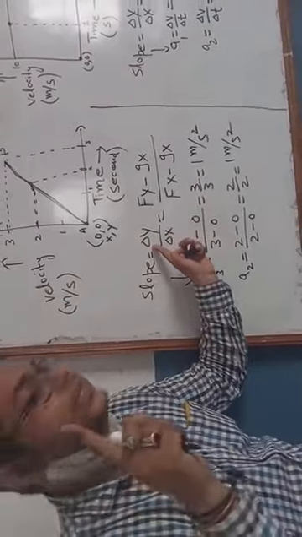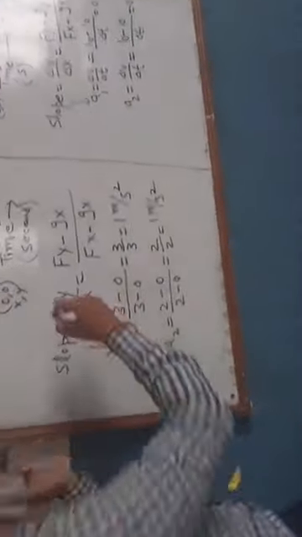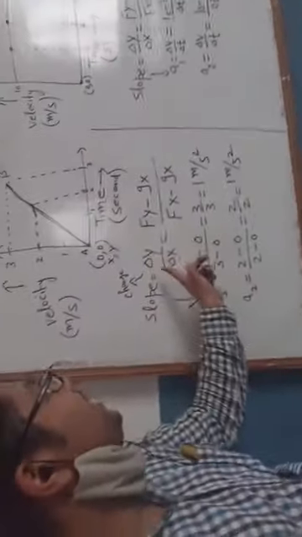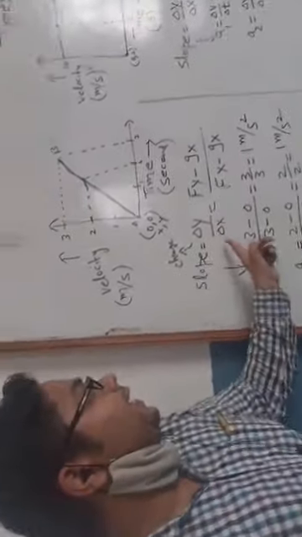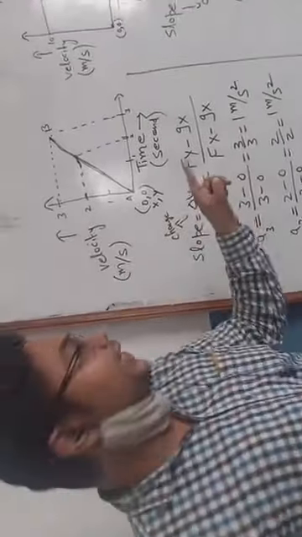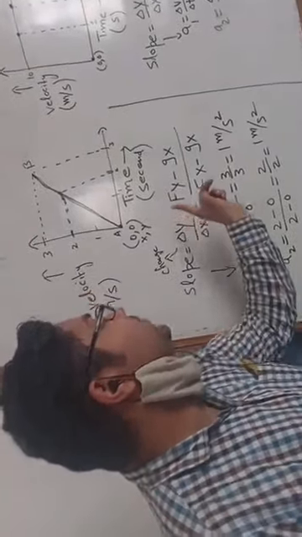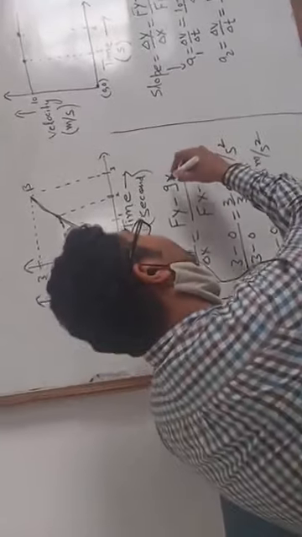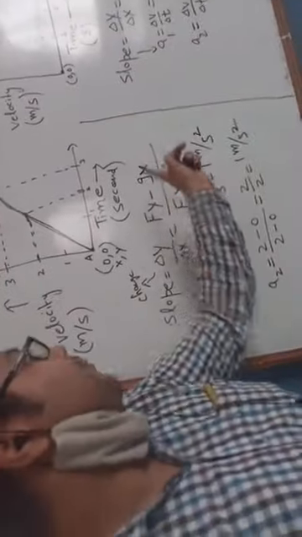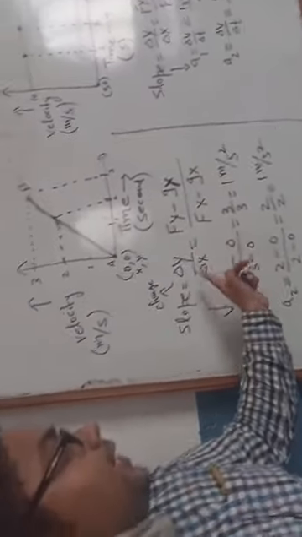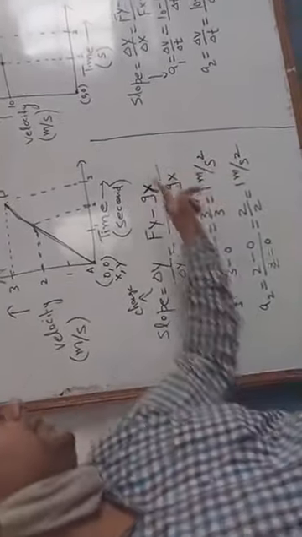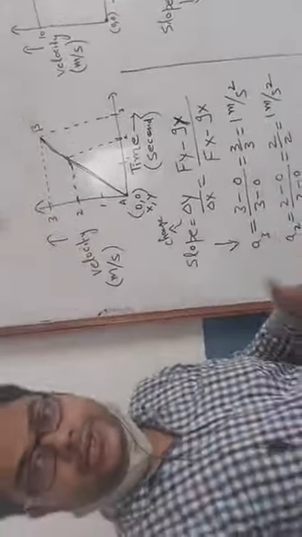Del y means change in the y-axis, and del x means change in the x-axis. The mathematical representation of change is that del y means final y minus initial y, and del x means final x minus initial x.